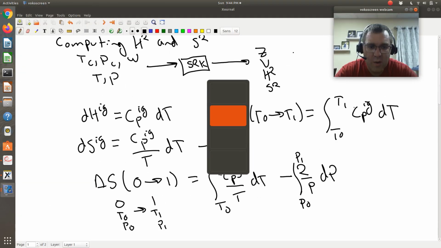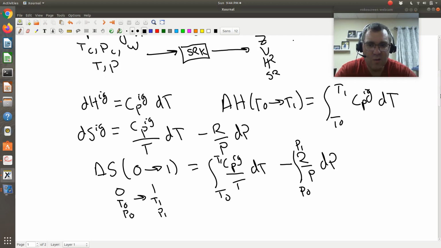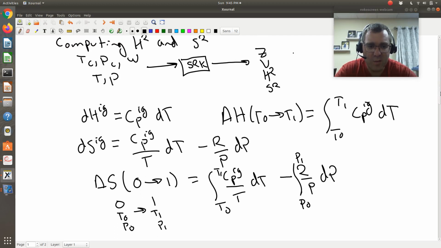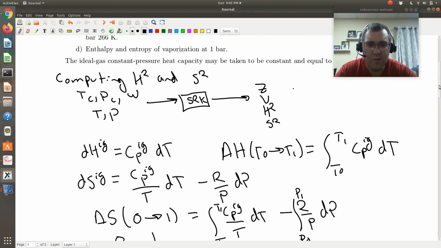Okay, so computing the integrals of Cp can be done readily, and then the integral of R over P dP, no problem, right? Log ratio of P's. And of course parameters would be available for your Cp expression, just like TC, PC, and omega would be available for isobutane.